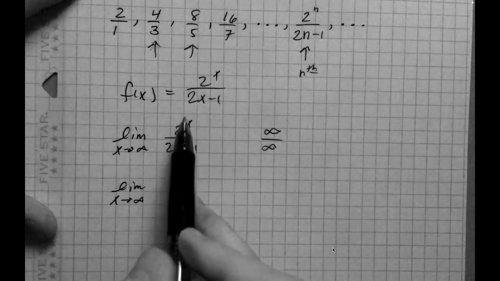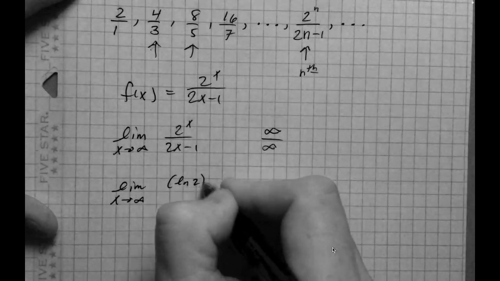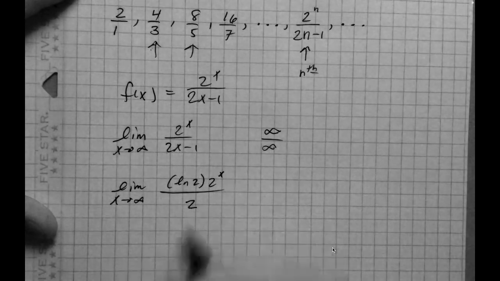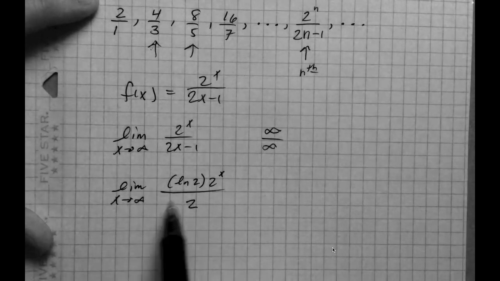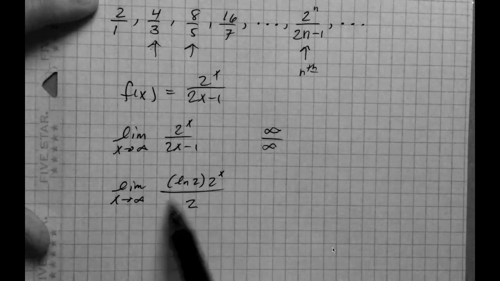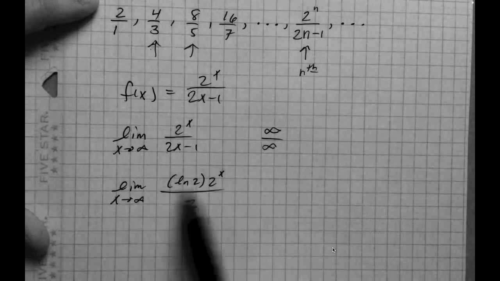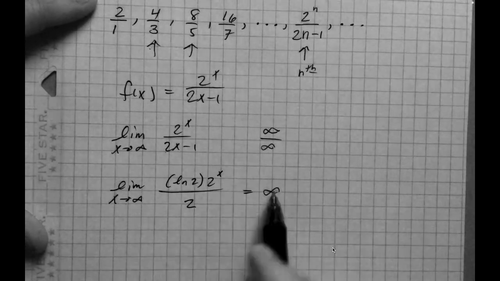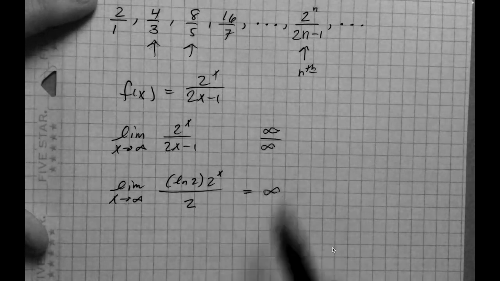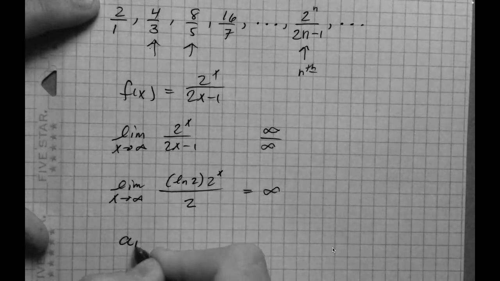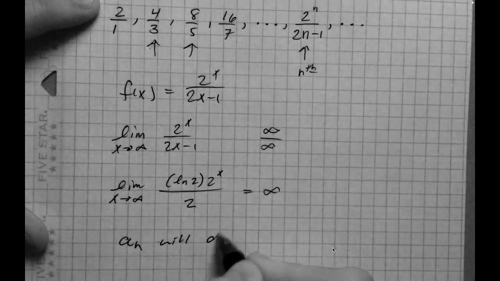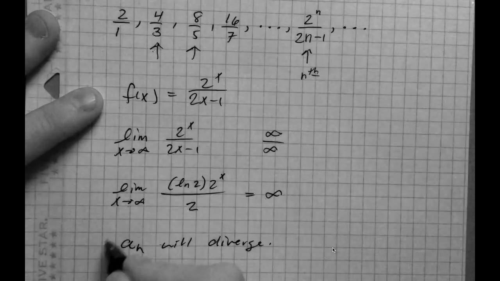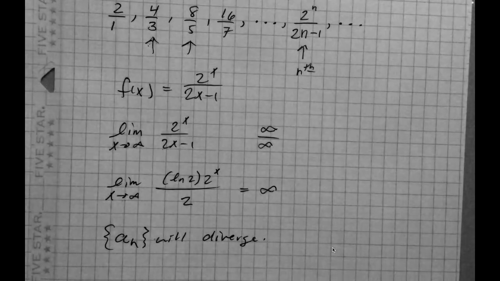The derivative of 2 to the x is ln 2 times 2 to the x, and the derivative of 2x minus 1 is just 2. Now can we evaluate this? Yeah, now we get a clear form. The numerator is going to grow without bound, the denominator is constant at 2, and so this limit will be infinity. It'll be an infinite limit. And so that means the sequence a of n will diverge.